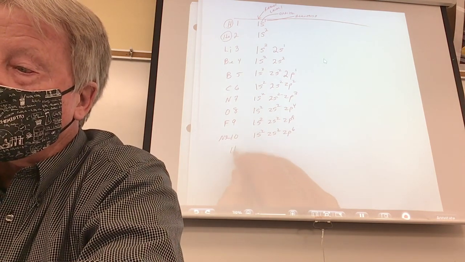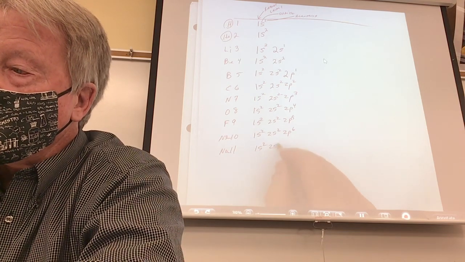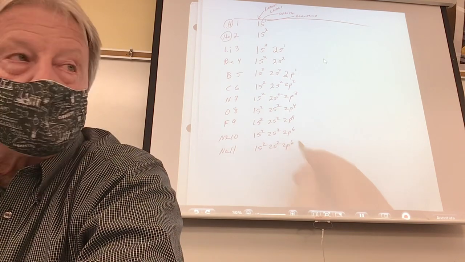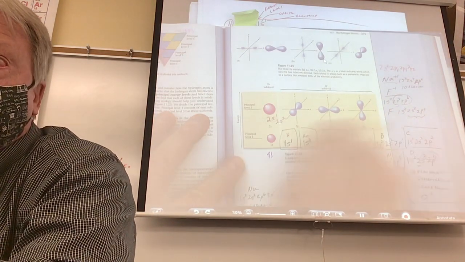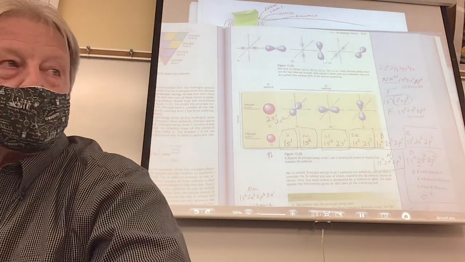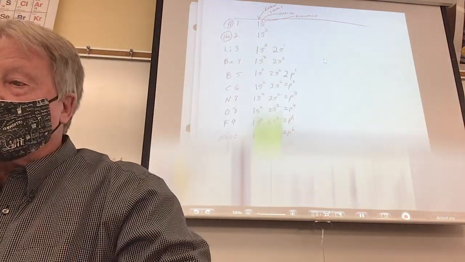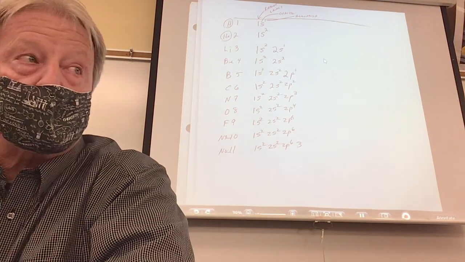Number 11, go. 1s2. 2s2. 2p6. Uh-oh. Look. No more parking spaces. In the second energy level, no more parking spaces. Where are you going to put it? It could be, but guess what?